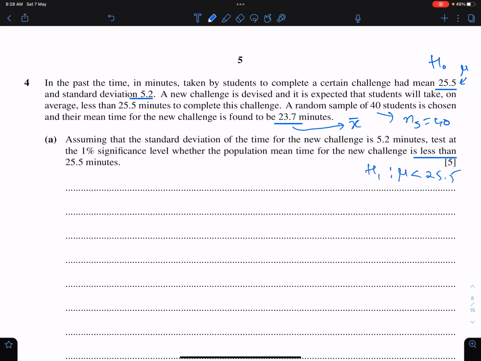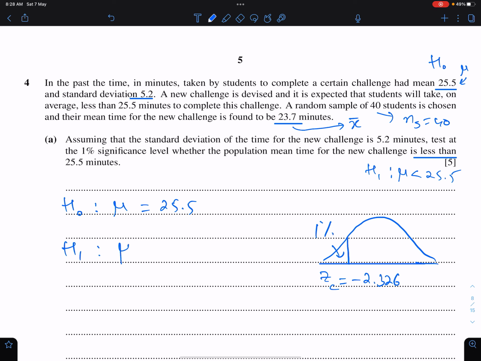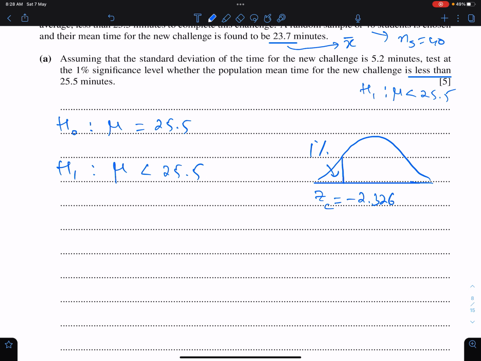And 1% means Z critical is minus 2.326. H naught is mu equals 25.5, whereas H1 is mu less than 25.5. Now we need the Z test.